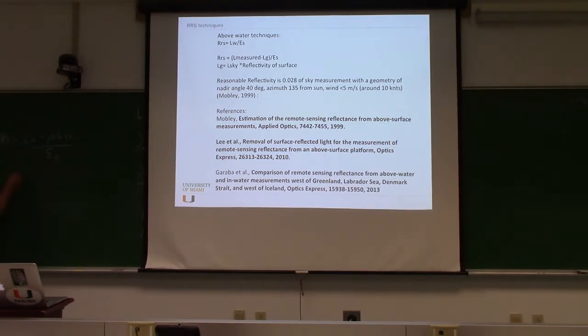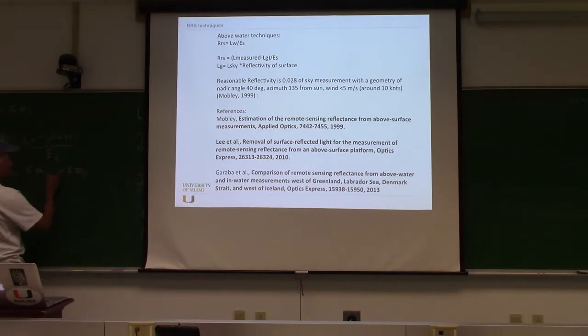If you have an uncalibrated sensor, then you can say that each radiance is equal to some calibration coefficient K times the number of counts: the counts you get from the plaque, the counts from the total, and the counts from the sky.